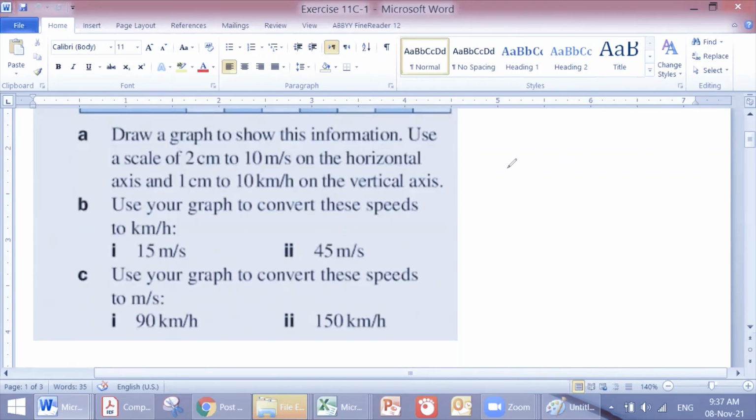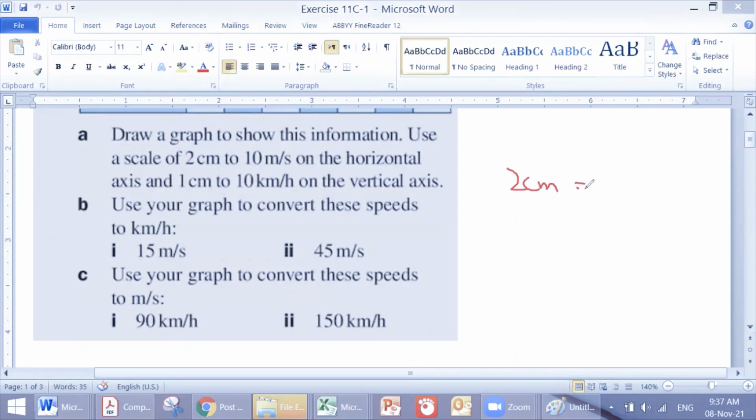So 2 centimeters is equal to 10 meters per second on the horizontal axis. Horizontal axis is the x axis. And 1 centimeter is equal to 10 kilometers per hour on the y-axis.